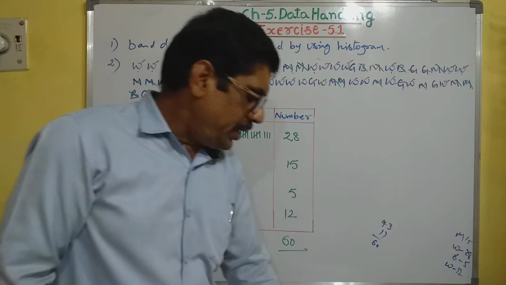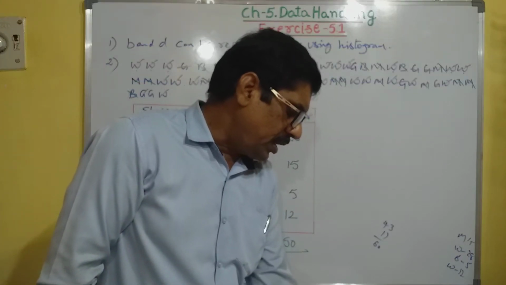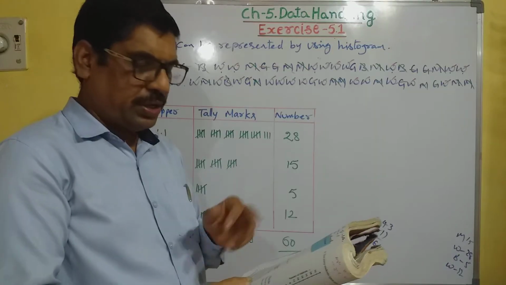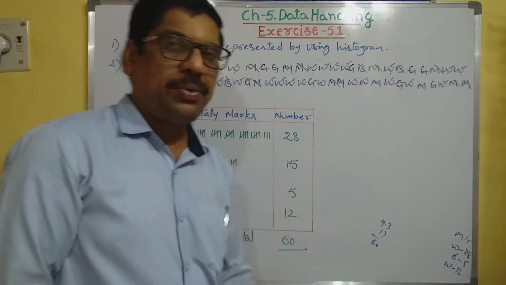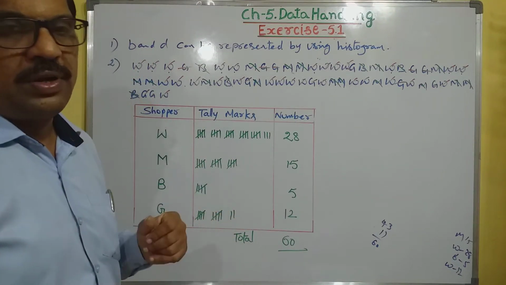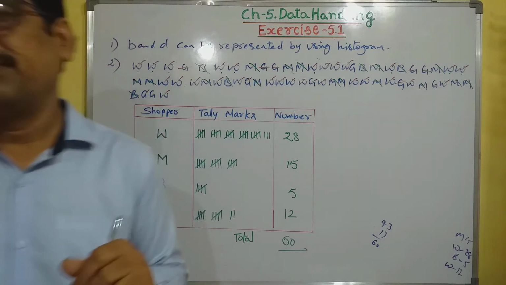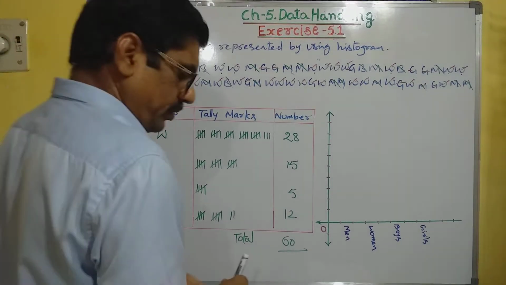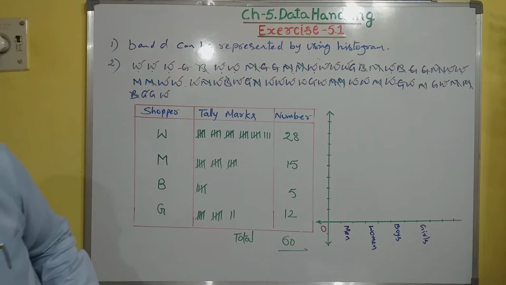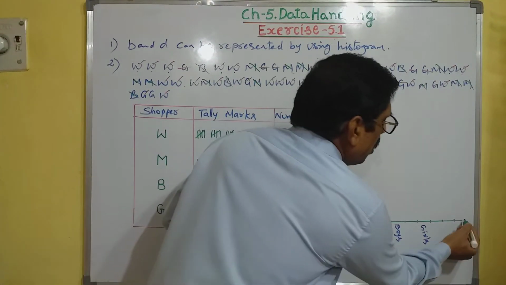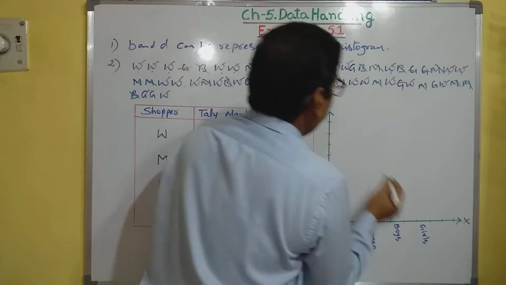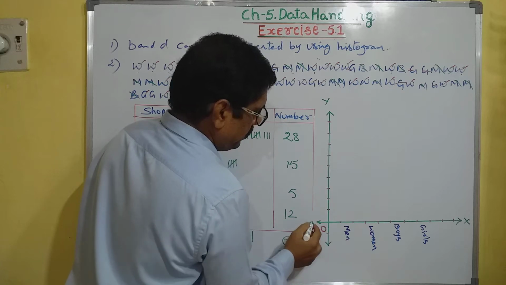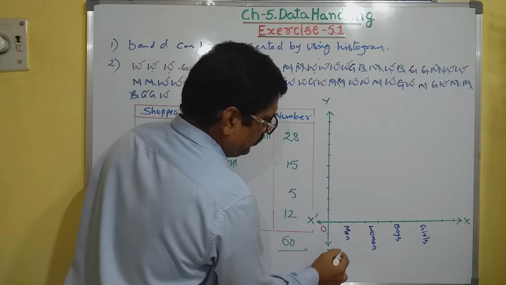Now we need to represent this data with the help of a graph. Draw a bar graph to illustrate it, he has been asking. So we need to draw the bar graph for this data. Let us draw this. First of all we have to draw the x-axis and y-axis on the graph sheet, like this.